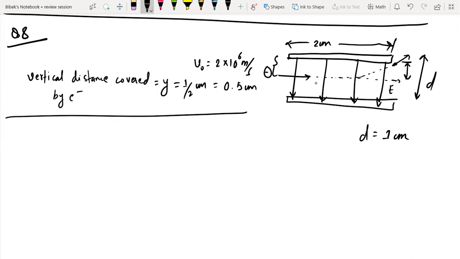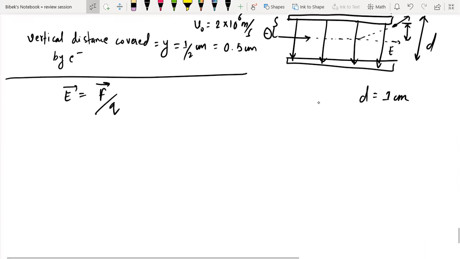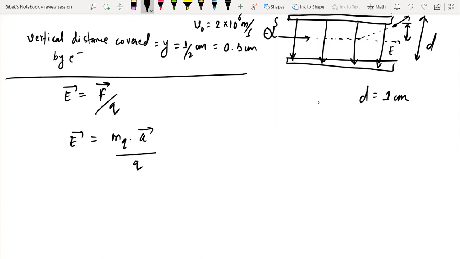So which equations to use? You need to find the electric field, so let's first determine which equation to use. You know that electric field is the force experienced by a unit charge. That means electric field is the mass of the charge times the acceleration of the charge, divided by the charge itself.